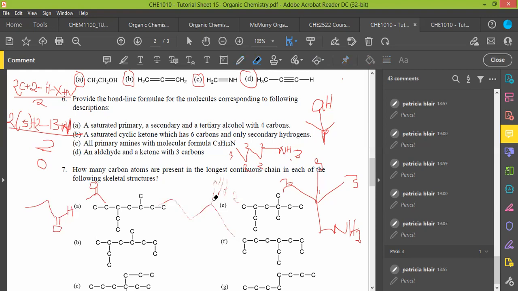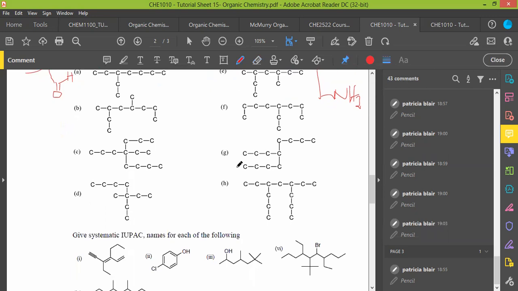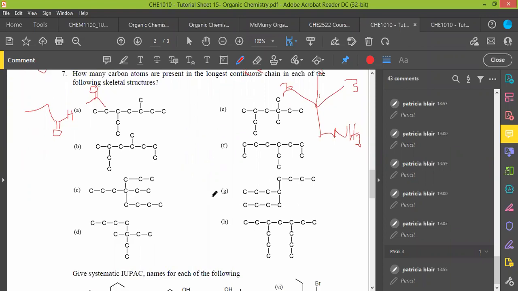And then from here, we can actually come to question 7. And with question 7, I only do one question, and the rest you will do. How many carbon atoms are present in the longest continuous chain in each of the following? So the longest continuous chain, I'll deal with H. So you start counting for H. Here you have 1, 2, 3, 4, 5, 6, 7.